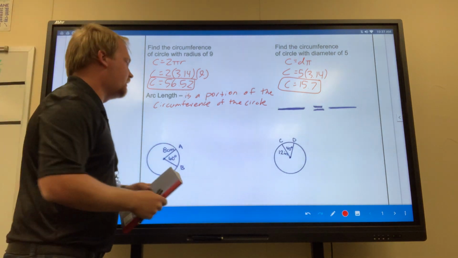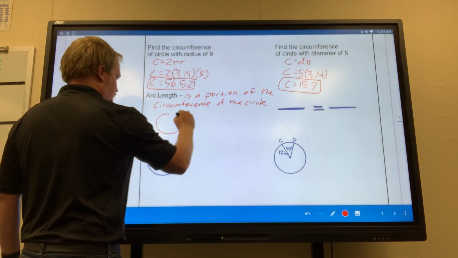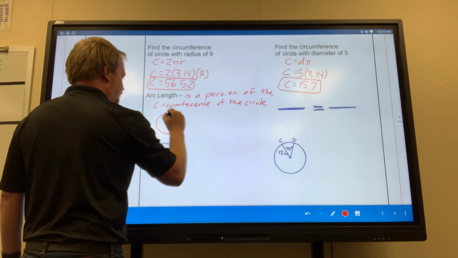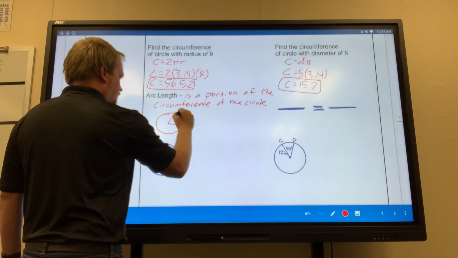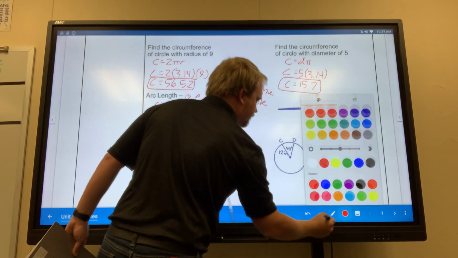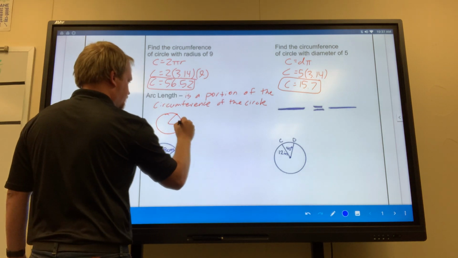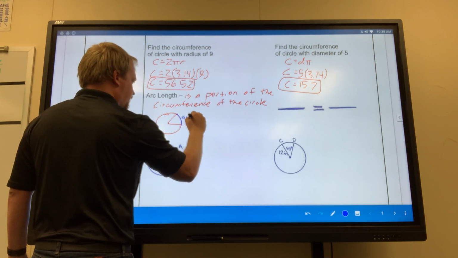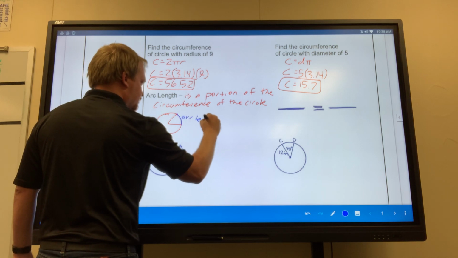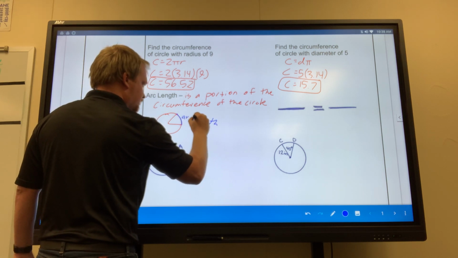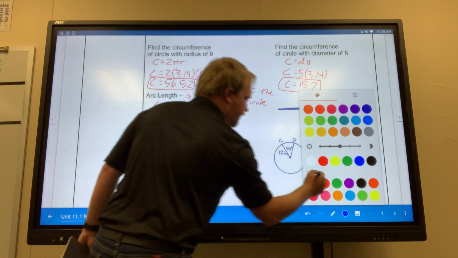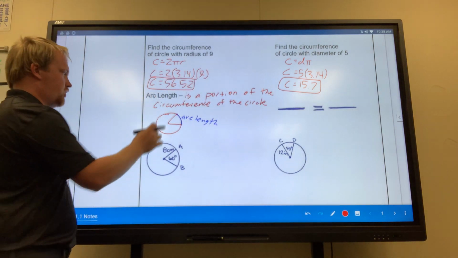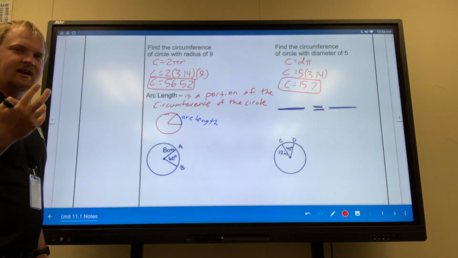What I mean by that is, imagine I have a certain angle and I want to find the portion in blue. That's my arc length.